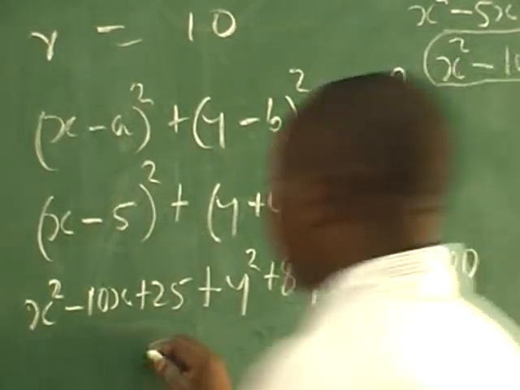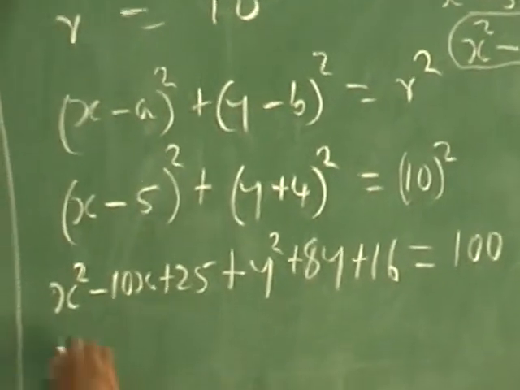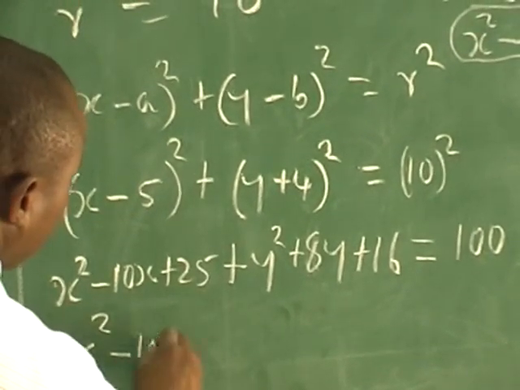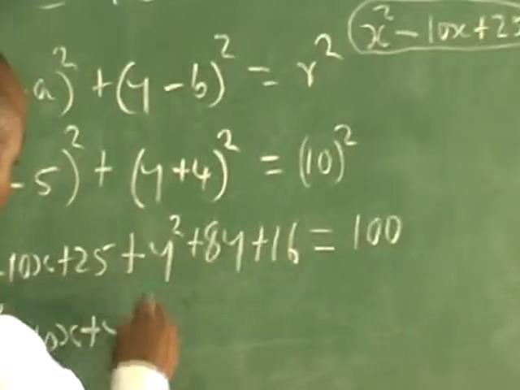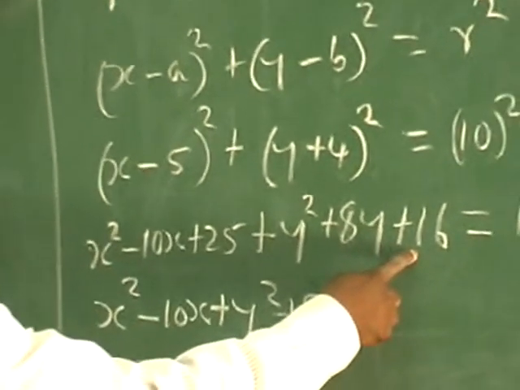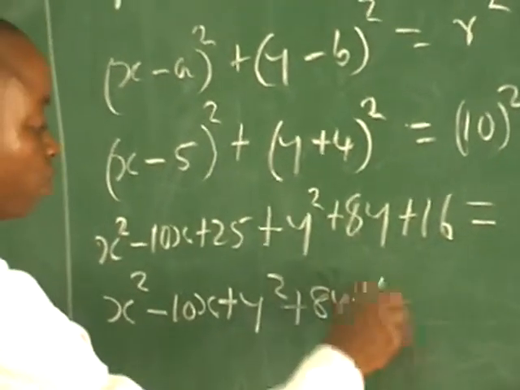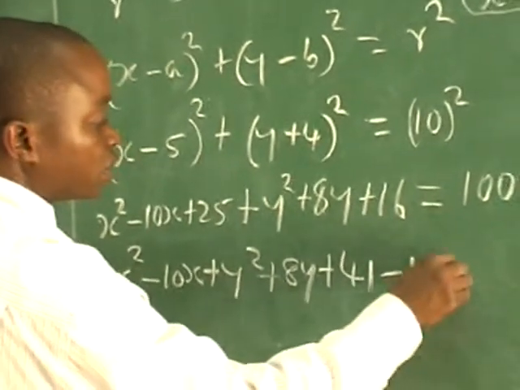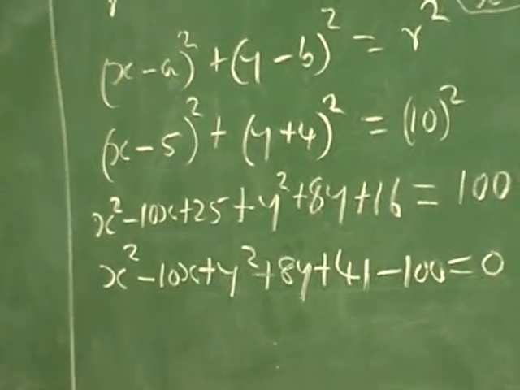So I can now rearrange this equation to write it as x squared minus 10x plus y squared plus 8y, then I have 41 plus 41 minus 100 is equal to 0.